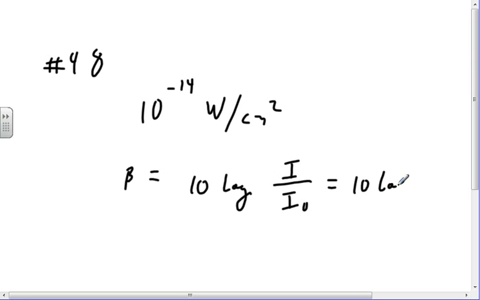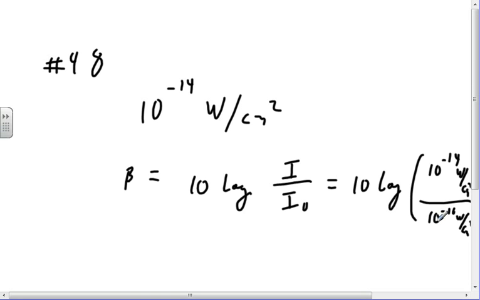So 10 log 10 to the minus 14 watts per centimeter squared, and intensity naught is 10 to the minus 16th watts per centimeter squared.